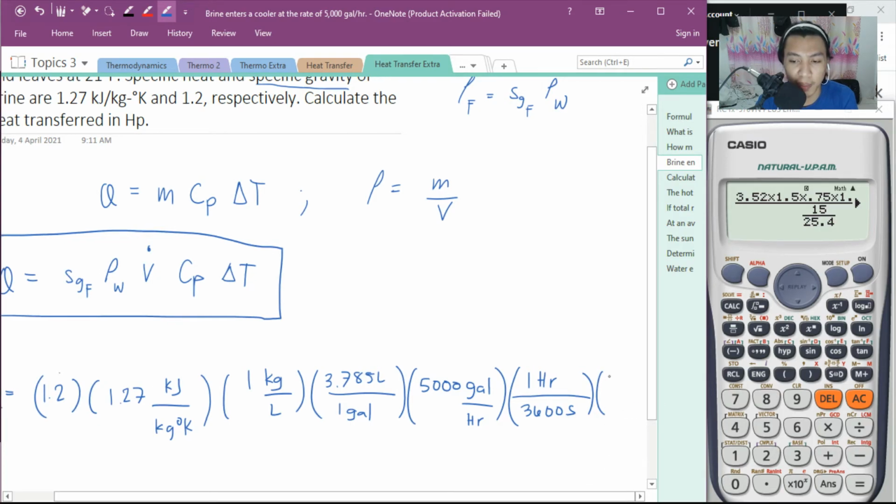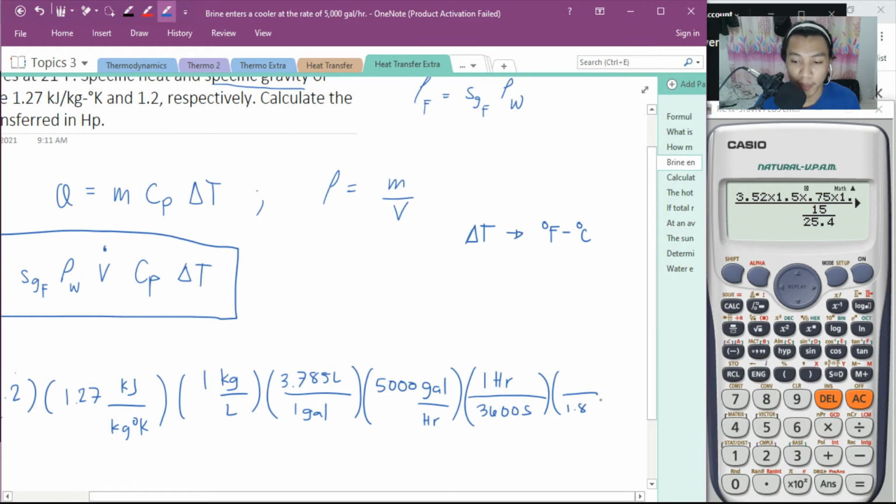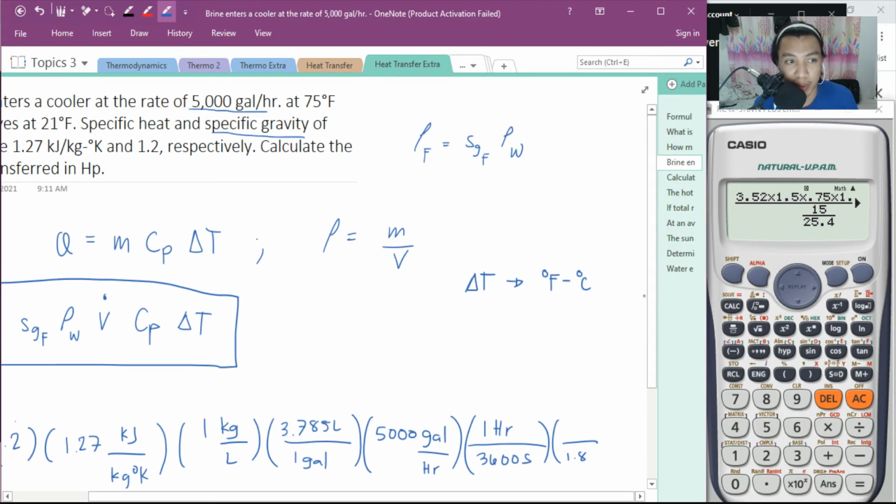Yung temperature change naman. Okay? From degree Fahrenheit to Celsius. Divide mo ito ng 1.8. Ano ba yung temperature change? 75 to 21. 75 minus 21.